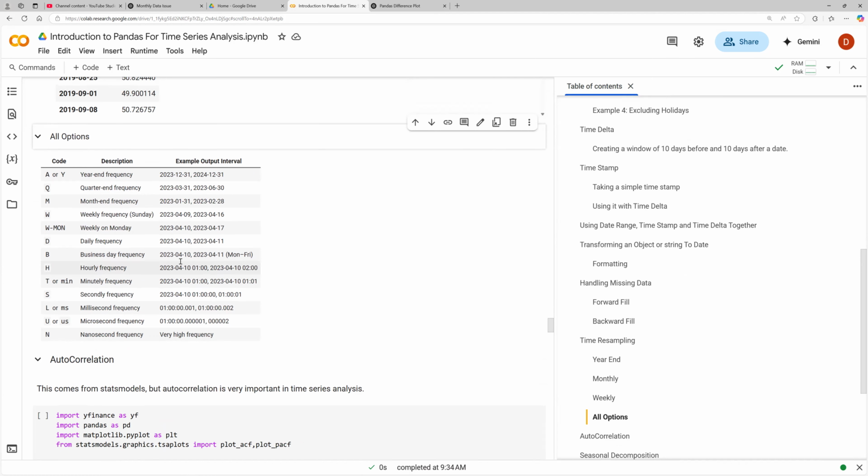And here are all the options for what I just showed you. So you've got monthly, weekly, weekly on Monday, daily, business day frequency, hourly frequency, minute frequency, second frequency. In general, most of us will not be working with this, but there are people, like I said, that work with high frequency trading and finance, e-commerce transactions, right? That have high transaction rates.